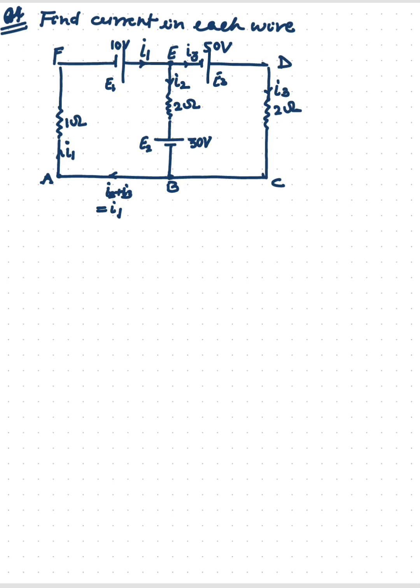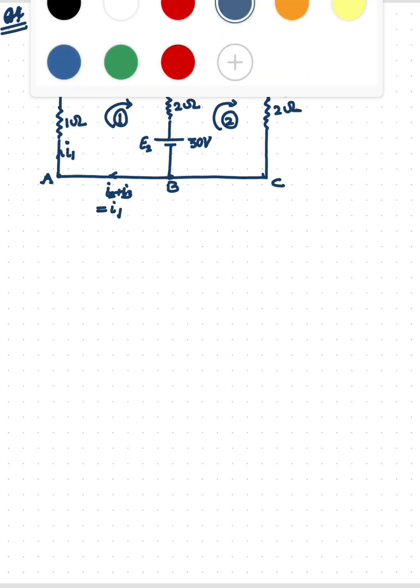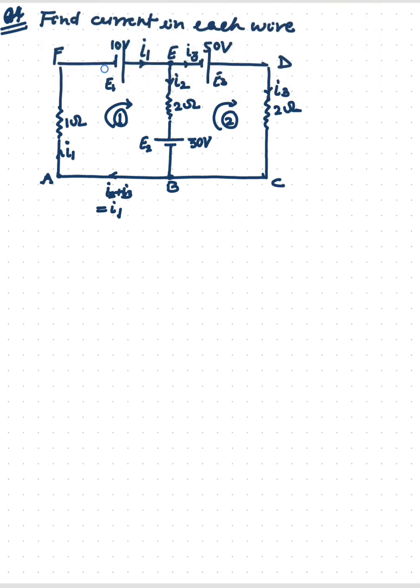Clear? Now assume this is the loop 1, loop 2, its direction you can assume, and mark H and L. So this is, let me change the color. This is low, this is high.